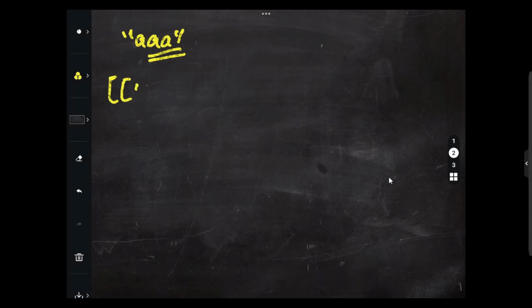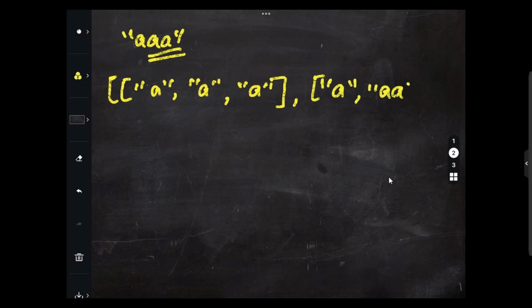So the output will be, in this case, A, this one A. This forms one partition. You can try this one in the similar way that I showed for example one. So you will get a similar output, not the same output, sorry, similar output. So this is a palindromic partition.